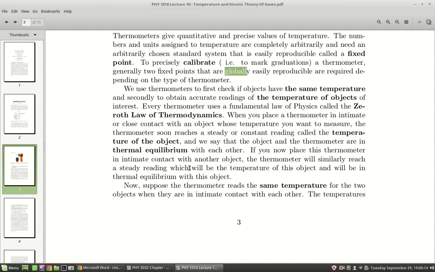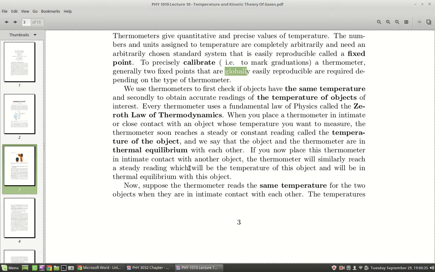Using a third object, which is the thermometer, the nurse is able to get the temperature of the first patient, which is 37 degrees. Using the same object, the nurse is able to get the temperature of the second patient and gets a temperature of 37 degrees.